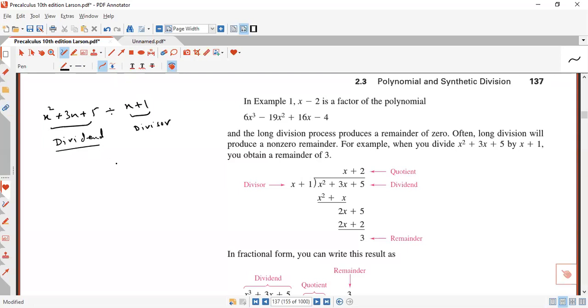After getting the result, let's suppose this is y, for example, this answer is known as the quotient.